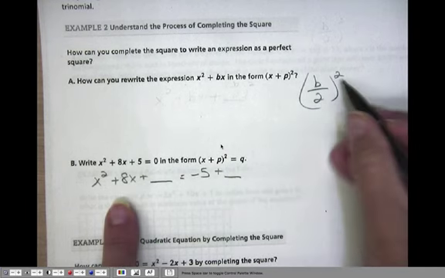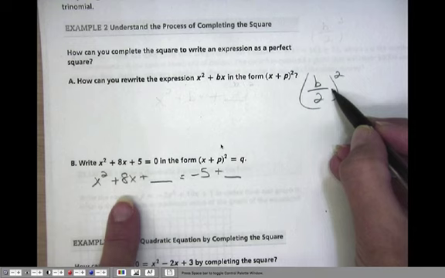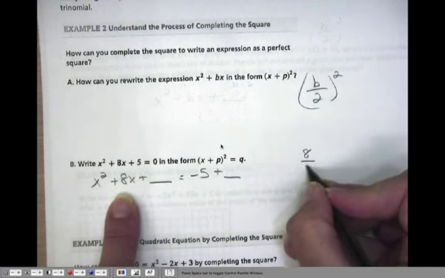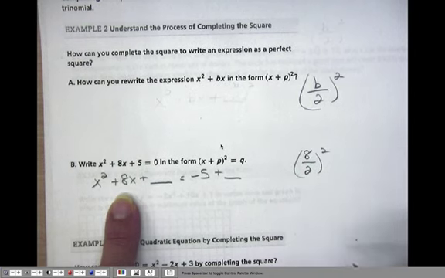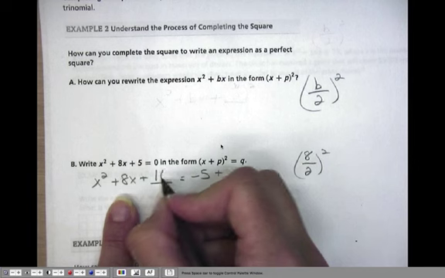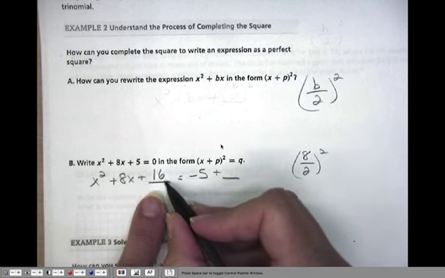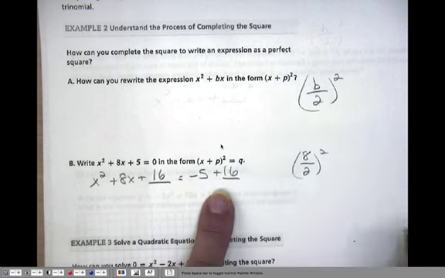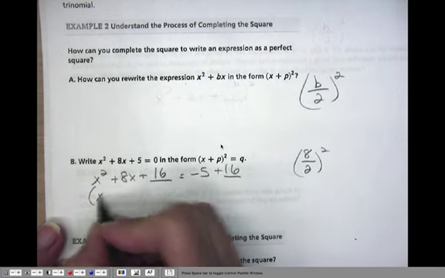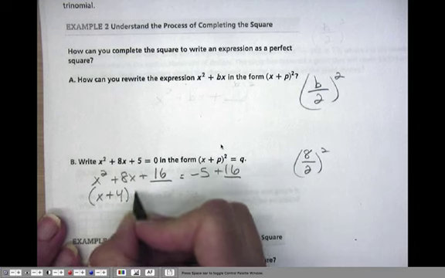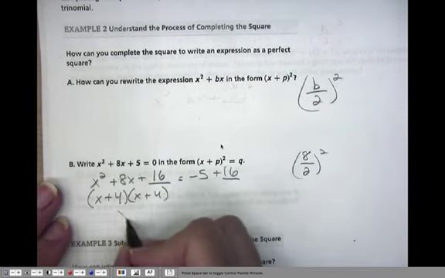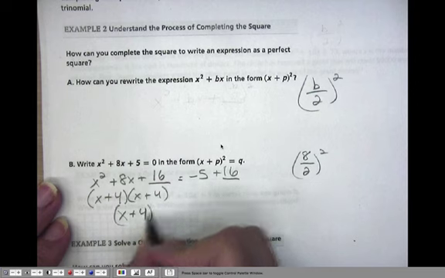And as I mentioned previously, the number that fills in this blank is b divided by 2 and then squared. So 8 divided by 2 is 4, 4 squared is 16, and if I'm adding 16 here, then I'm adding 16 here. So now this factors to x plus 4 times x plus 4, which I can rewrite as x plus 4 squared.